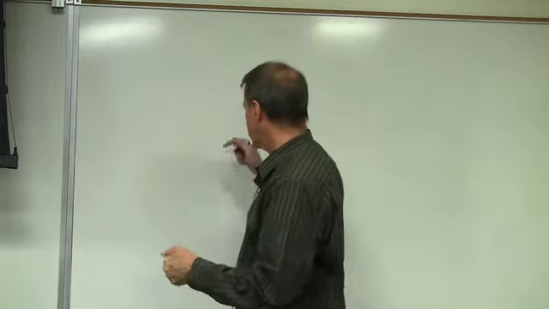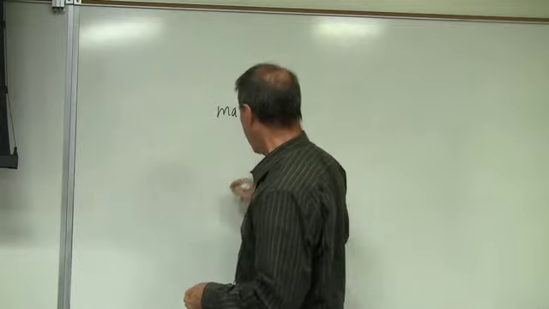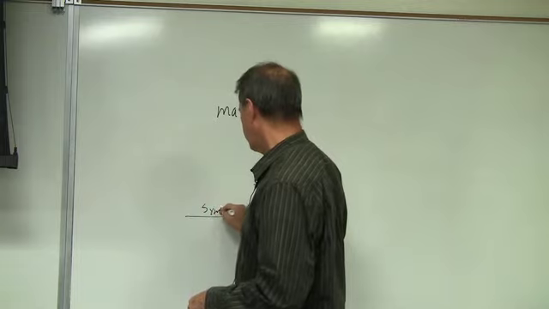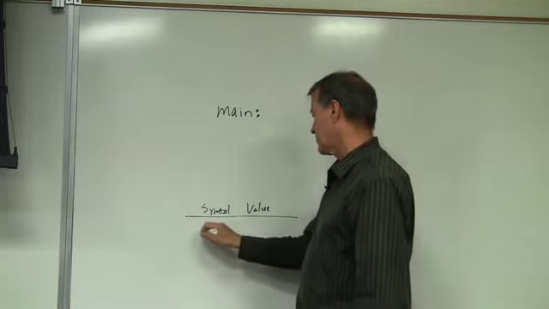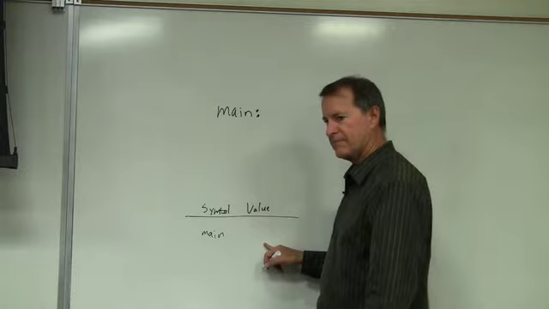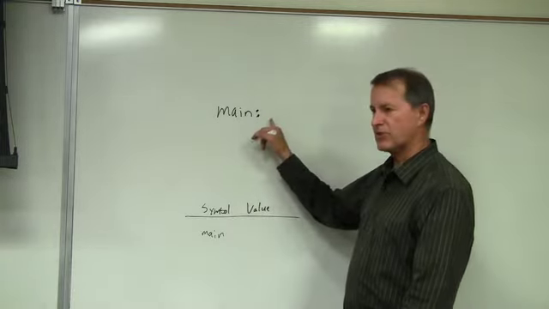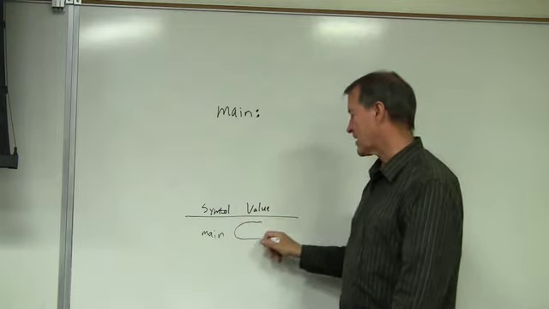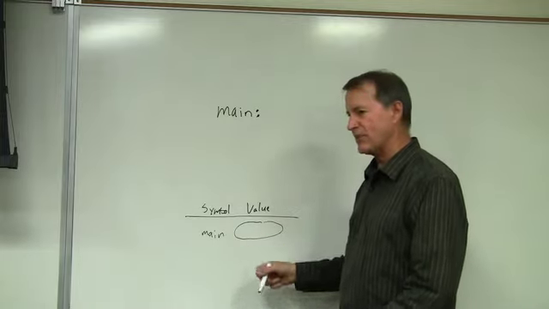So here when we said main colon, and then down in the symbol table, we had symbol, and then we had value. The symbol here would be main, and what did we always say its value was? It's the memory address of where the first byte of this code is going to be stored. The value of the symbol is the address.